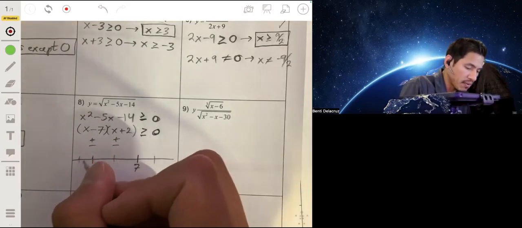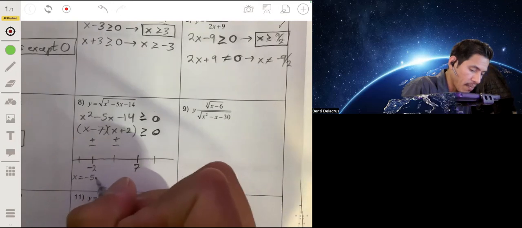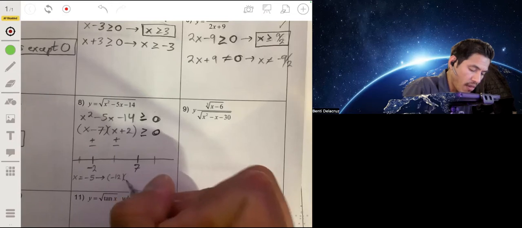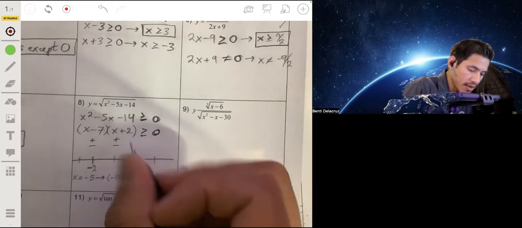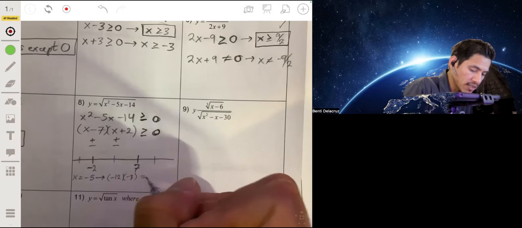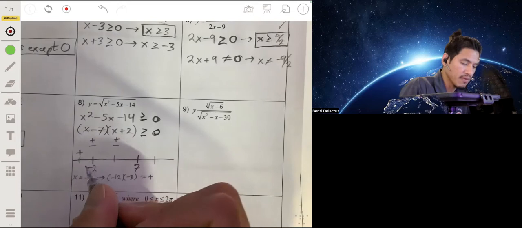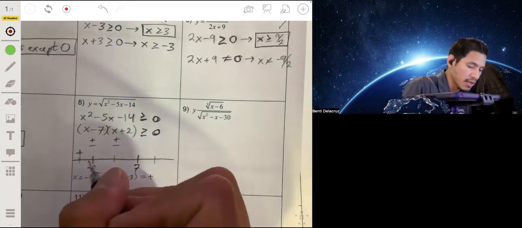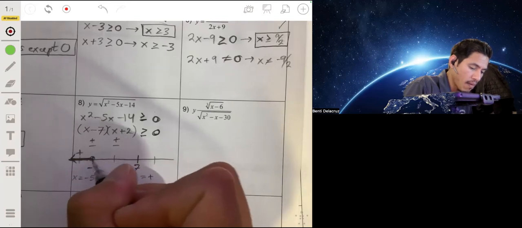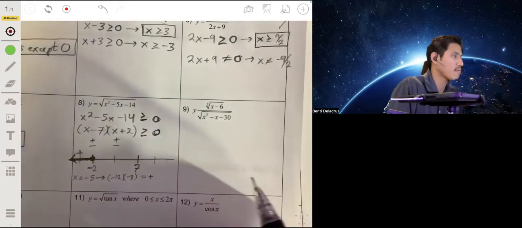So for example, let's say we picked negative 5. If we plug negative 5 in here, we would get negative 12 times a negative 3, and that would be a positive number. So any numbers in this region will be positive, and that's what we want. So this would be part of our domain. And since it could be 0 as well, we're going to include negative 2.